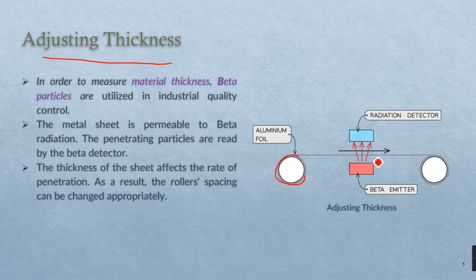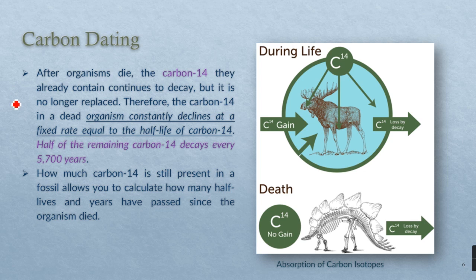According to the thickness, some percentage of the beta particles will be absorbed, and the thickness can be adjusted using a sensor that gives feedback to the rolling pins, where they can adjust the spacing appropriately according to the required thickness.